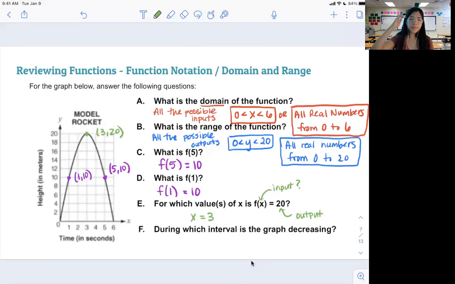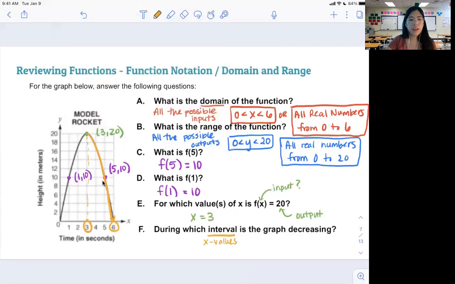Okay, cool. Last one. During which interval is this graph decreasing? So interval means we're looking for x values. From 1 to 1, is it decreasing? From 3 to 6. You have to remember that we're looking for x values.